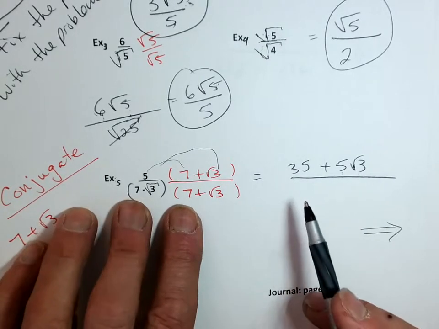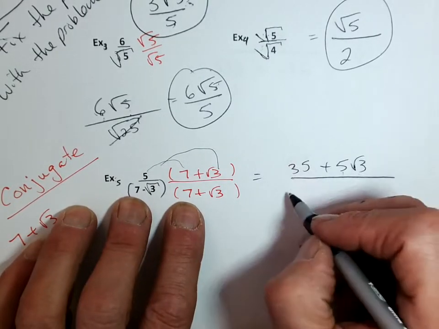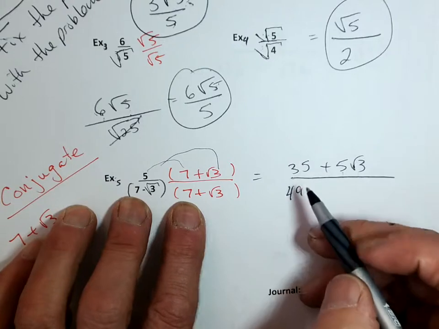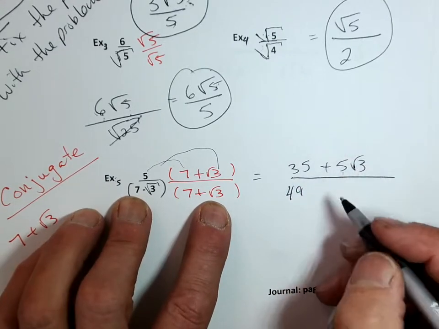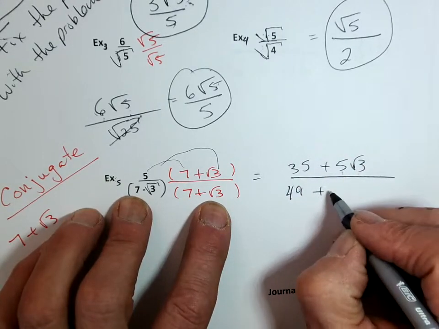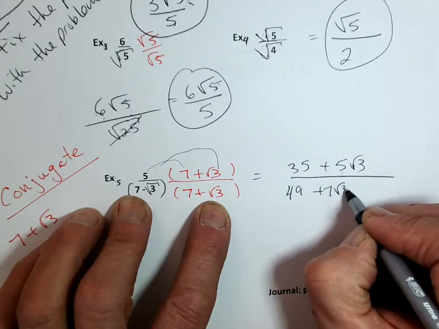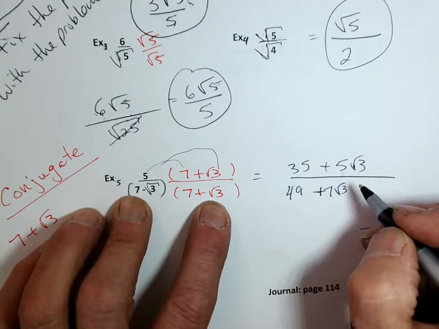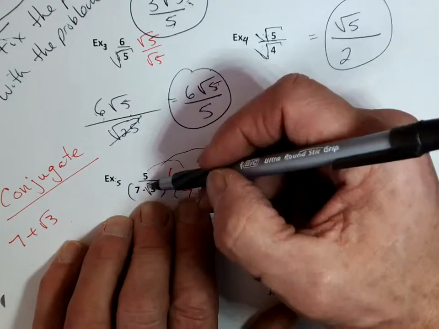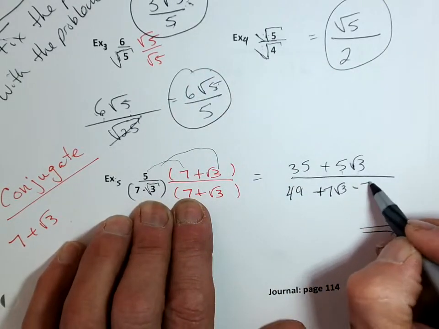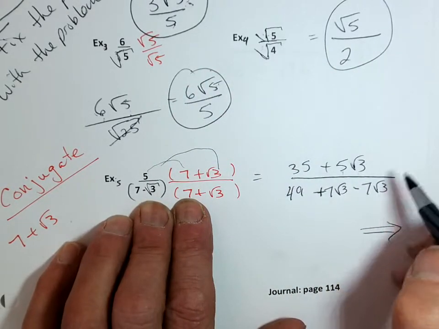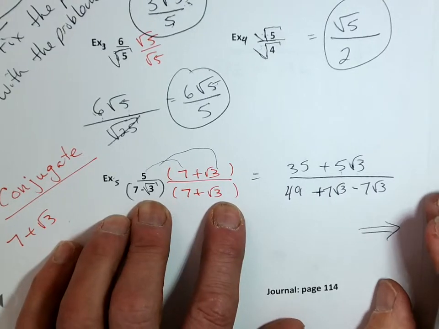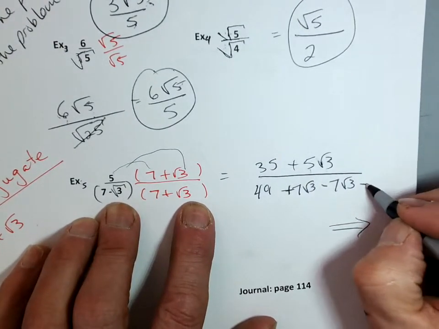let's FOIL. 7 times 7 is 49. 7 times a positive square root of 3 is a positive 7 square root of 3. Okay? Let's keep going. Negative square root of 3 times 7 is a negative 7 square root of 3. And negative square root of 3 times positive square root of 3 is a negative square root of 9.